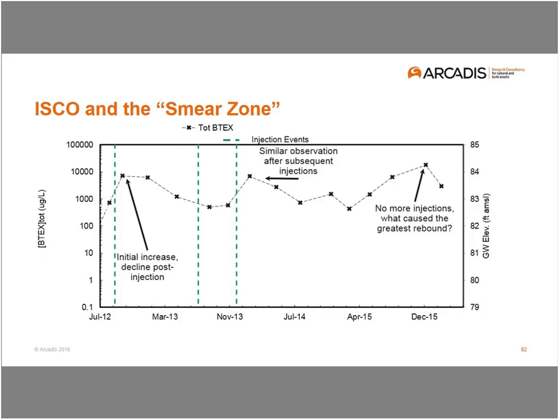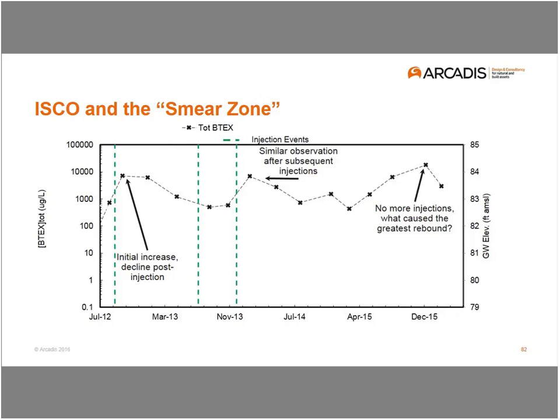So you see the rebound, you see it come back down, you've maximized source mass access, and then come back and do another injection, no change in concentration, do another. And when the concentration came back up to where it did after the first injection, it was time to take a step back and look at this data a little bit more pragmatically.